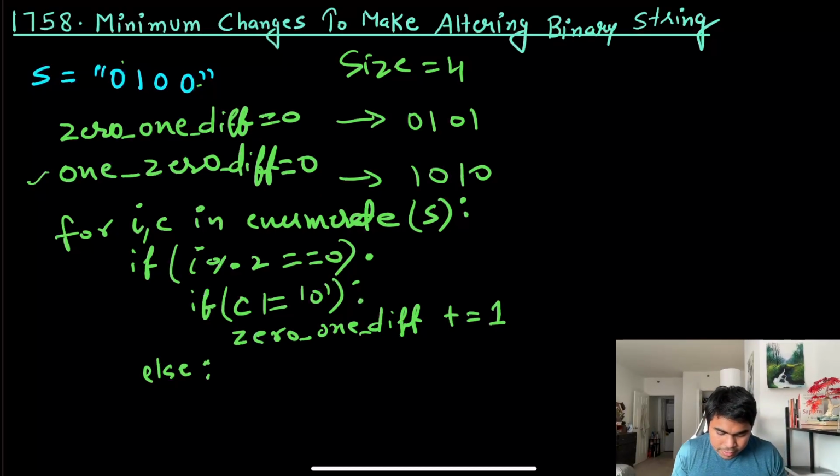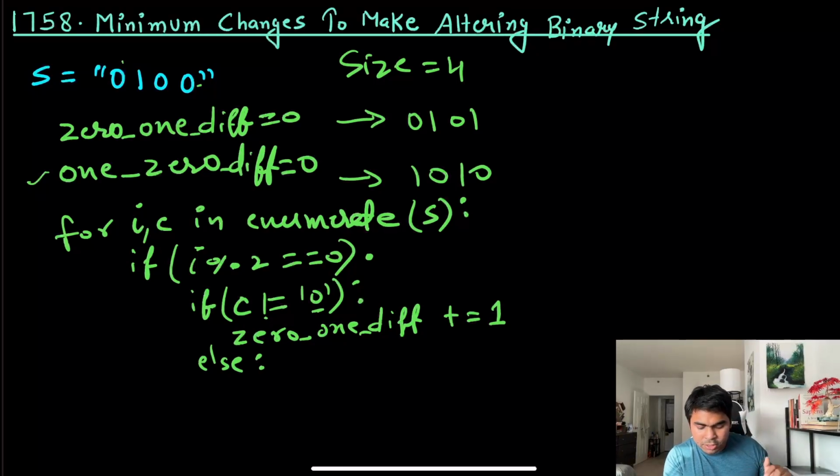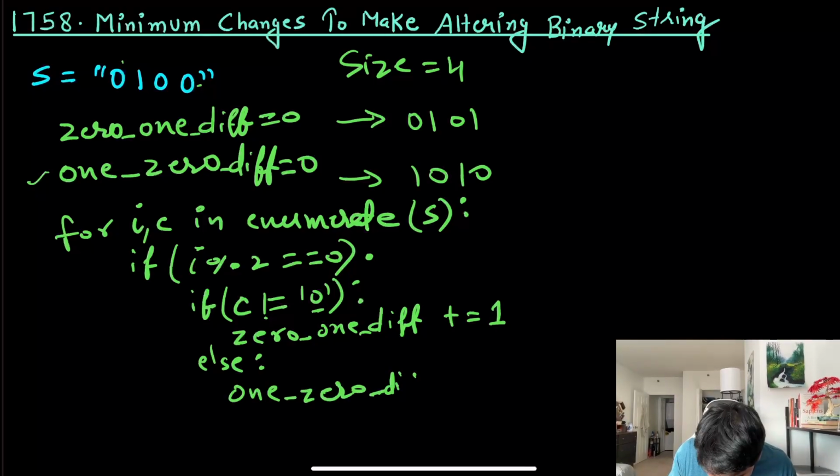Else, now tell me the else case. This else case will be inside here. Else, this c, if this is not equal to 0 in the first case, that is why I'm incrementing the 0 1 difference; here I will be incrementing the 1 0 difference. Let me tell you why I'm incrementing this one.